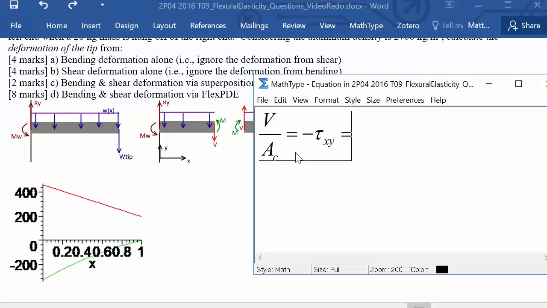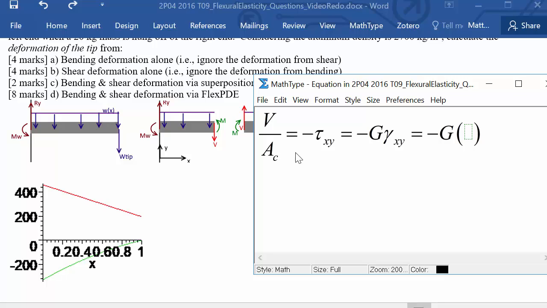And then the shear stress on the X face in the Y direction is supposed to be equal to the shear modulus times the shear strain, where's that symbol? There it is. Oh, of course. So the shear strain on the X face in the Y direction. And that would be specifically the displacement, right?